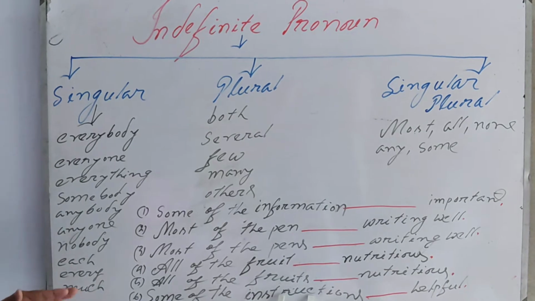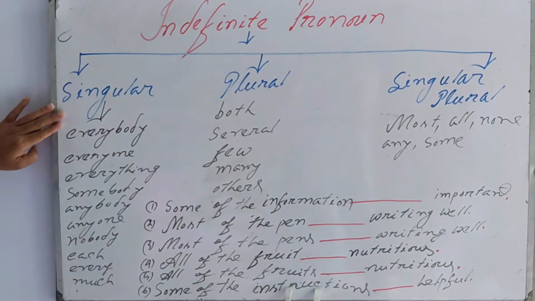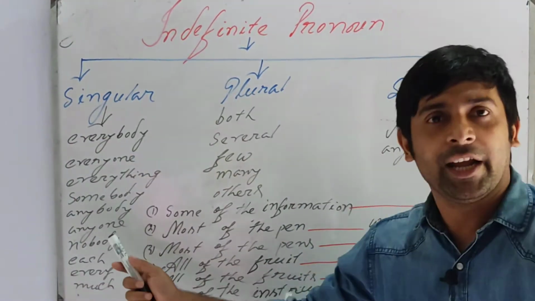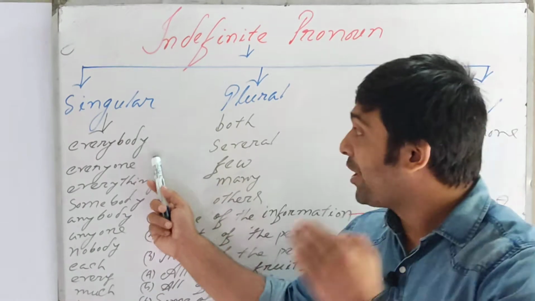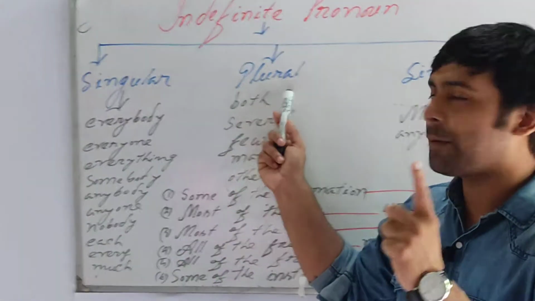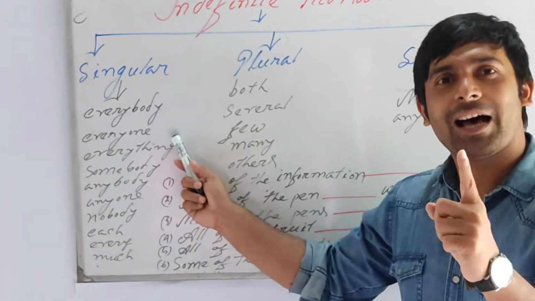So my dear, look at that. I have arranged this to help understand the singular subject, that is always singular. We can never use these indefinite pronouns as a plural subject. They will be used only as the singular subject.